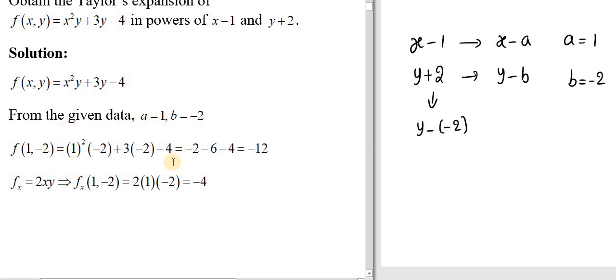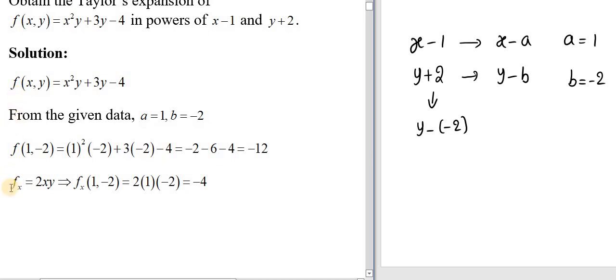After simplification, we are going to get minus 12. Observe, 1 square is 1, 1 into minus 2 is minus 2, 3 into minus 2 is minus 6, minus 4 as it is. So, the simplification of this is minus 12. So, the value of f of 1 comma minus 2 is minus 12. Now, we are going to find out partial derivatives of f.